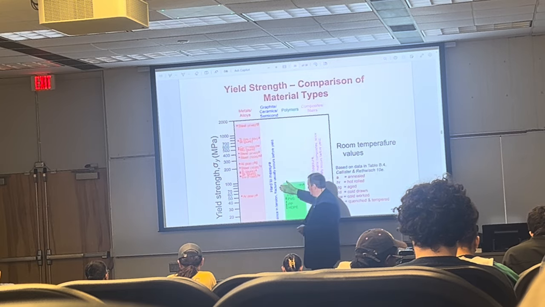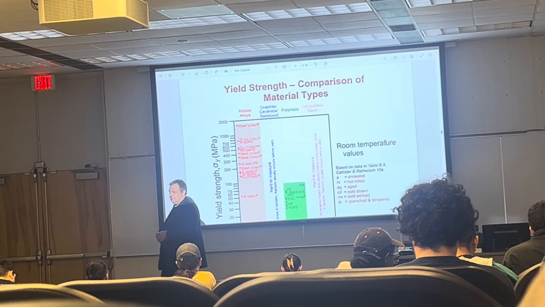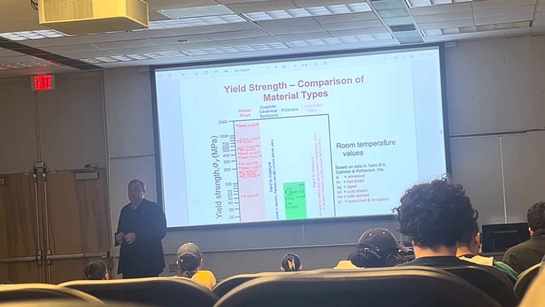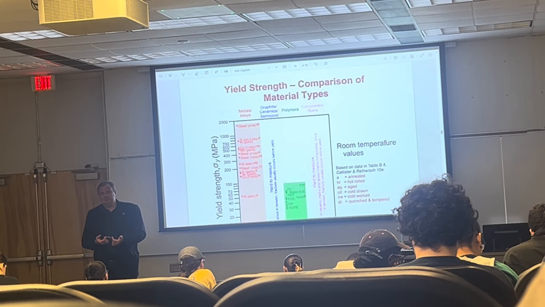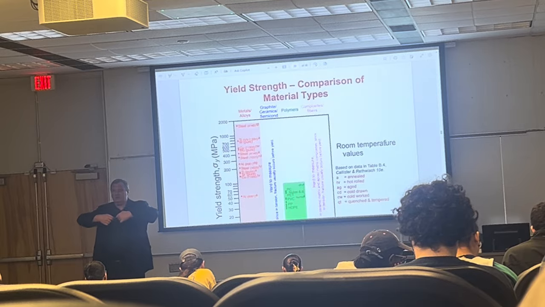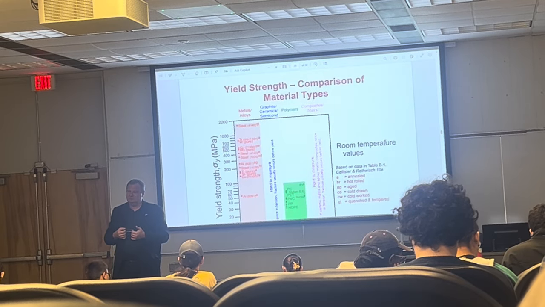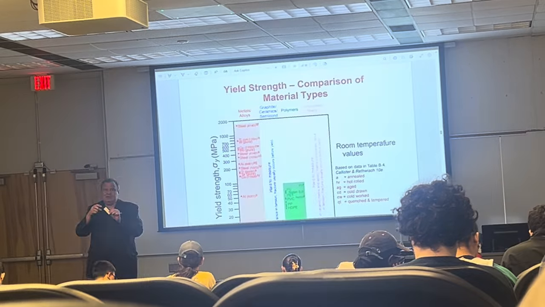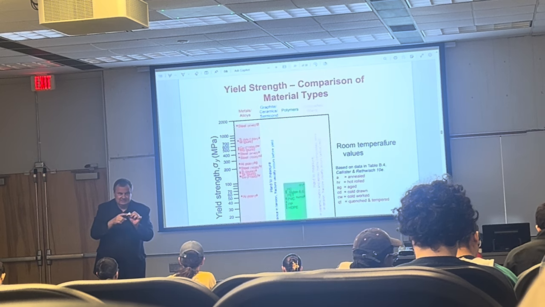You can see here that there is no data for ceramics. And when we're going to get to ceramics, we're going to discuss why. But imagine you're taking a piece of metal and you are stretching it. Is it going to stretch? Yes, maybe. You take a paper clip and you bend it. Is it going to bend? Yes?